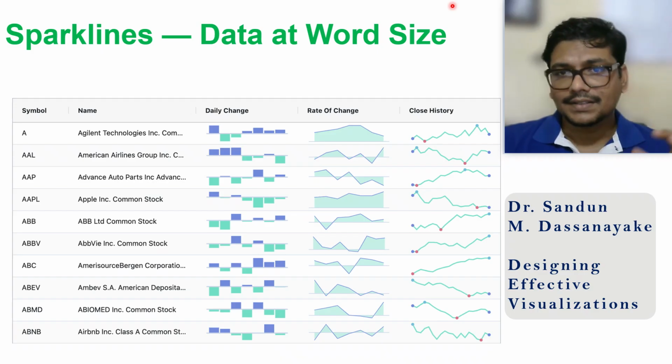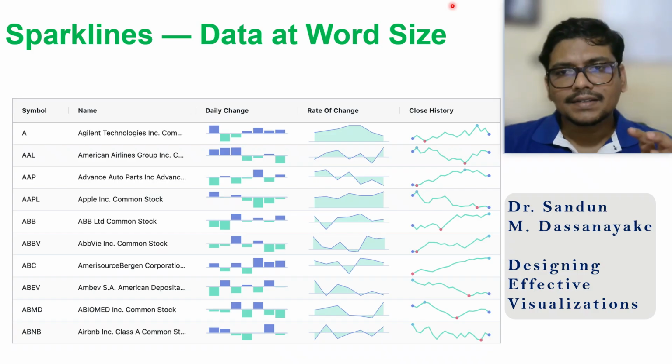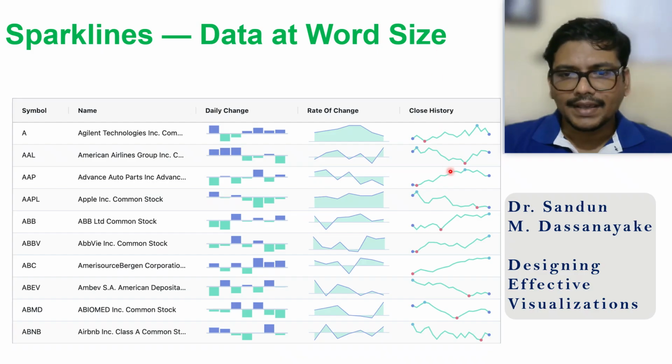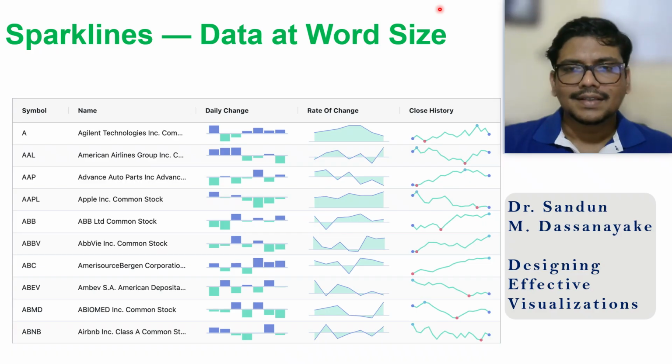Imagine a financial table with daily stock closing prices. A number shows where the stock ended today, but a spark line right next to it, like here, reveals the entire year's journey in just one character.